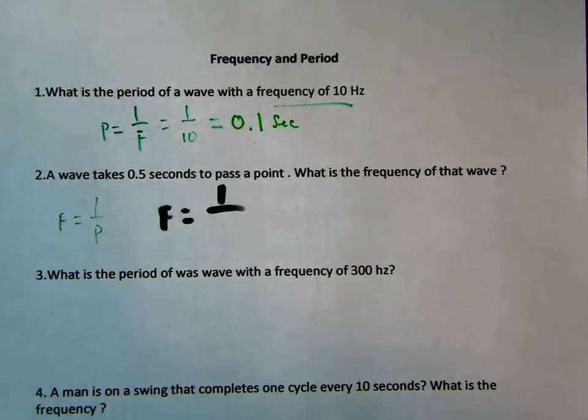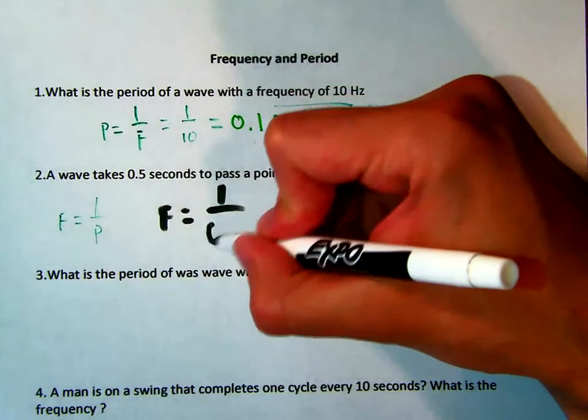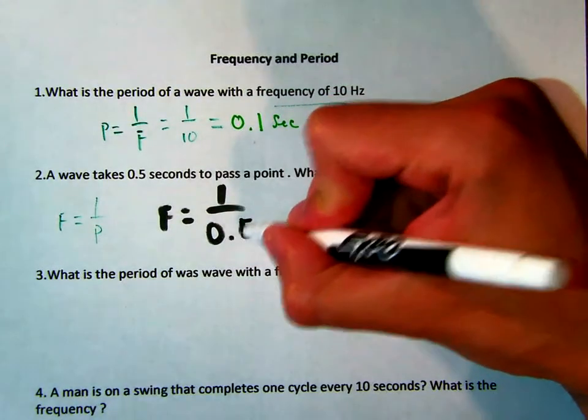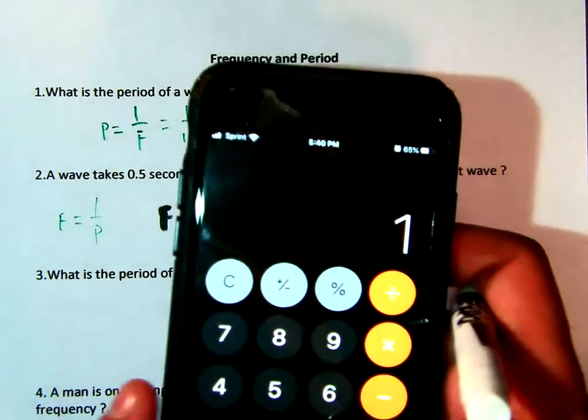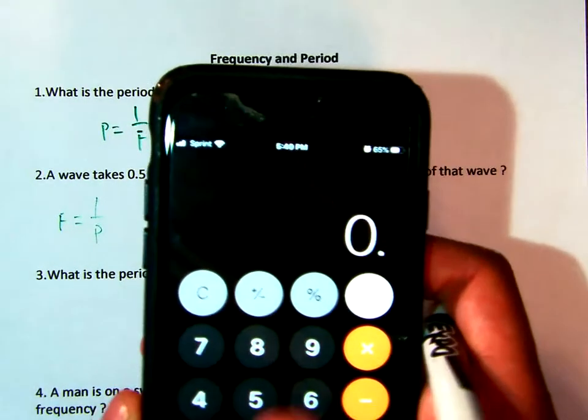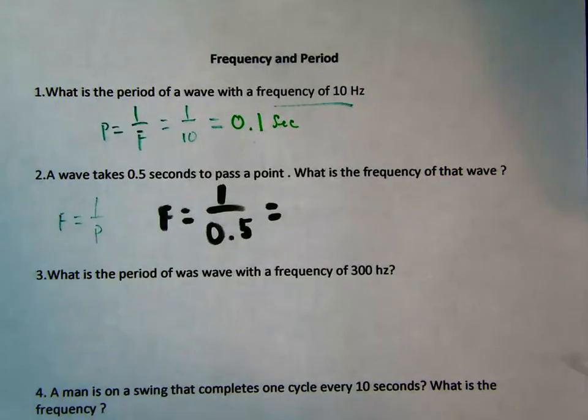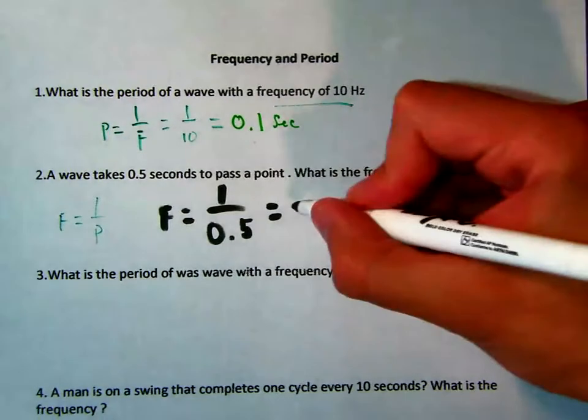So the time to pass a point, well, that's my period. So I just go 0.5, and I put that in my calculator, 1 divided by 0.5 gives me 2. So my frequency is 2.